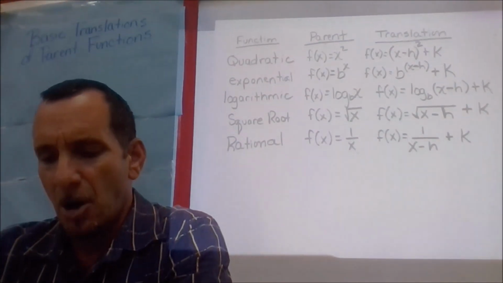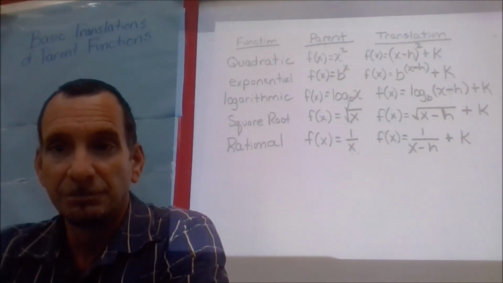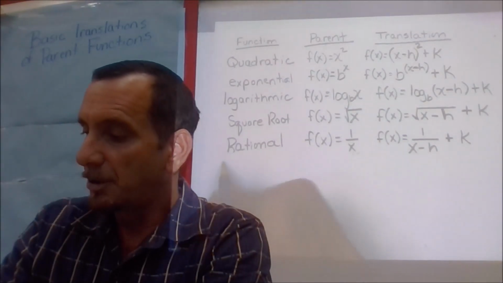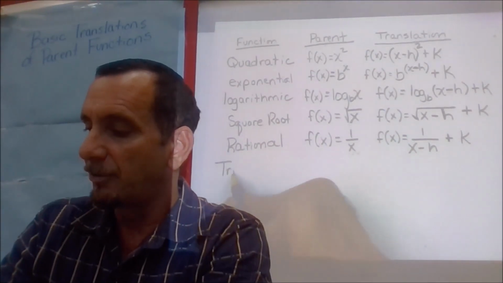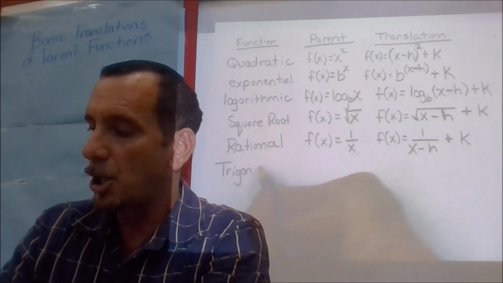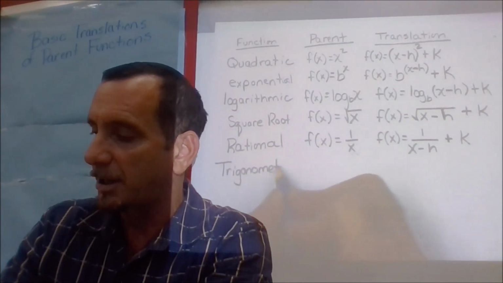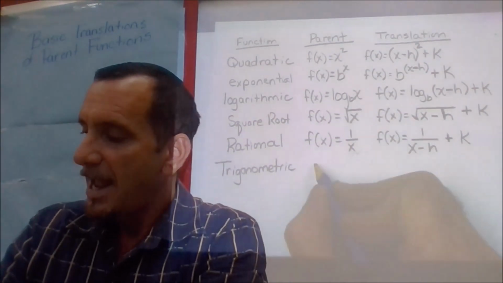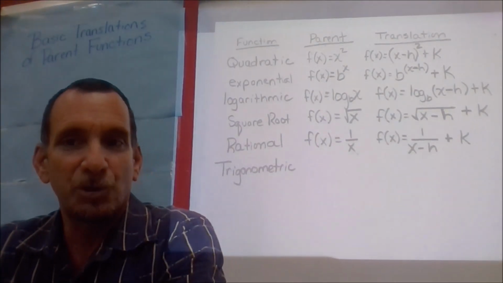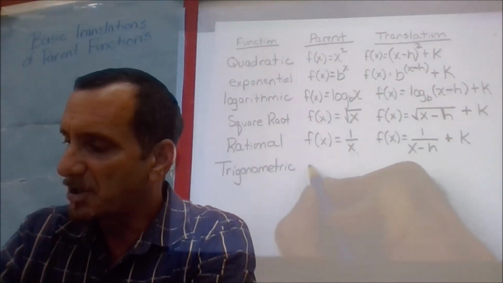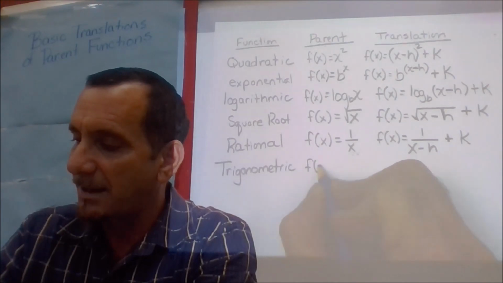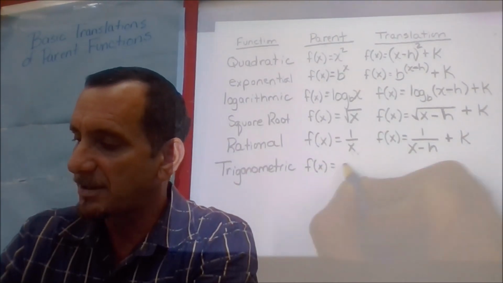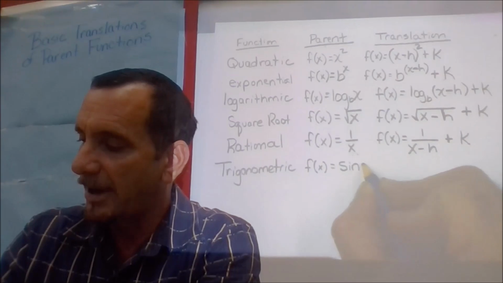And now let's come on over to even getting into a little bit higher level. We can talk about trigonometric functions, and there are many types of trigonometric functions. I'm just going to do the basic sine function, f of x equals the sine of x.